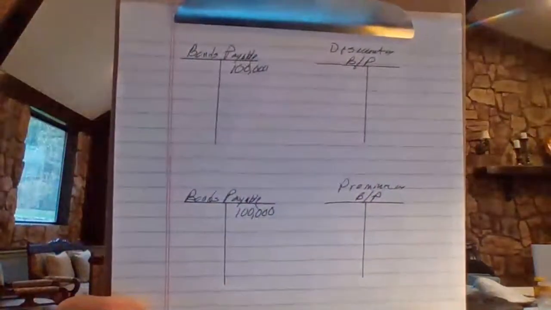Now the bonds payable, always recorded at face value, right? And I put the $100,000 in that liability account. Now in the first scenario, we had a discount of $38.51, right?